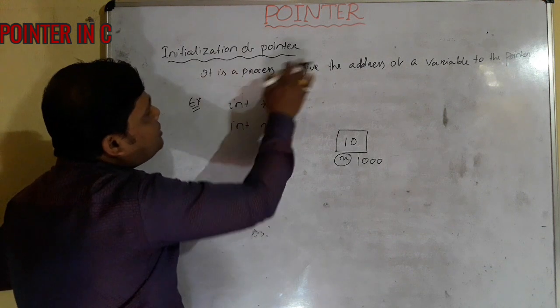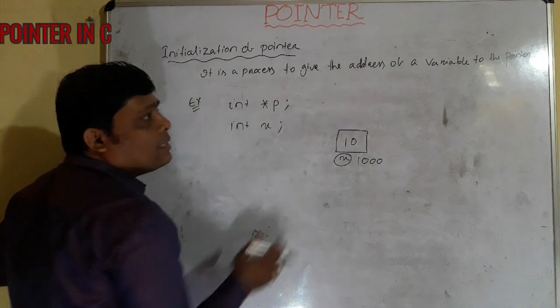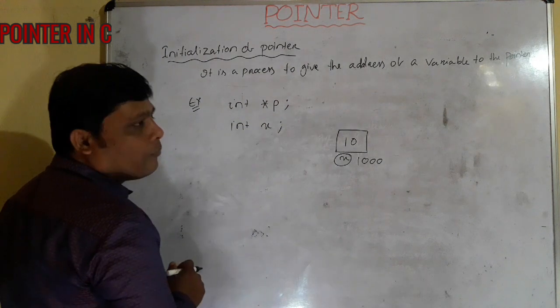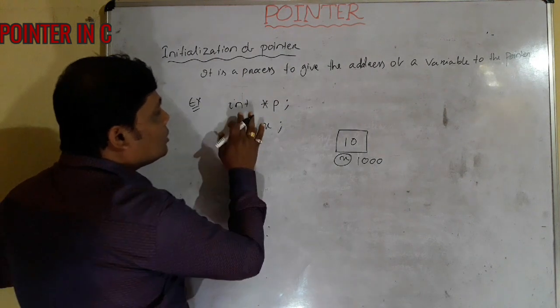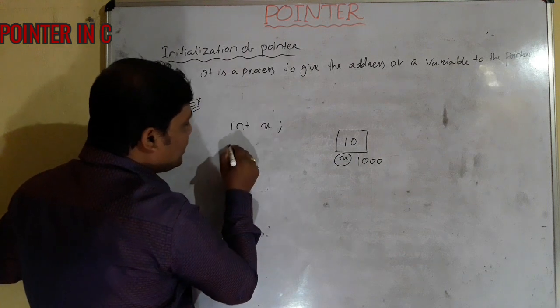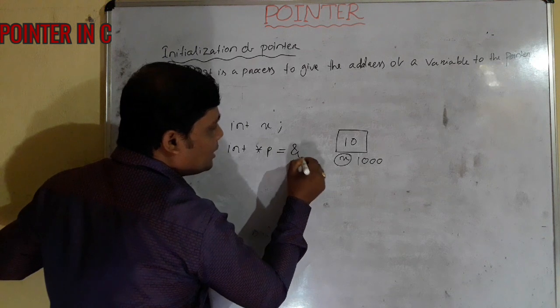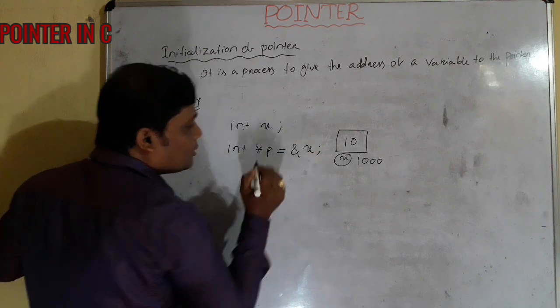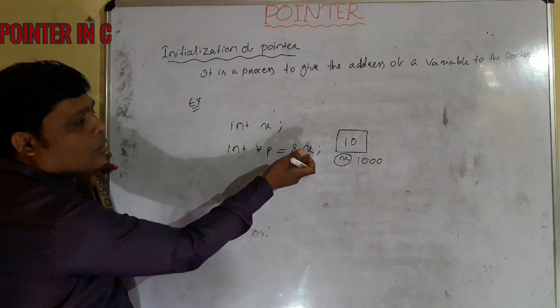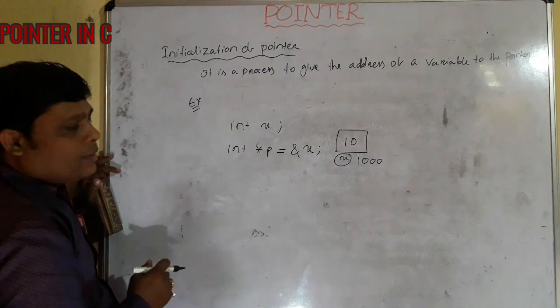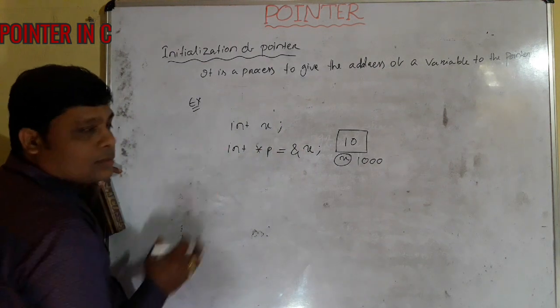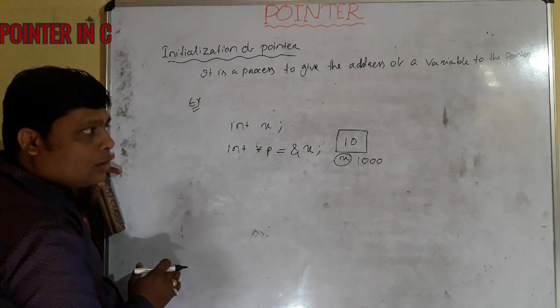So initialization means the process of giving the address of a variable to the pointer. When I am declaring one pointer, if I am putting the address of the same type of variable to the pointer, it is called initialization. Clear?